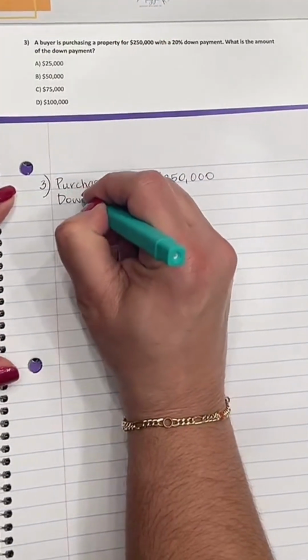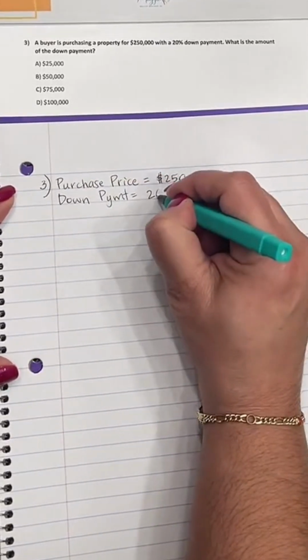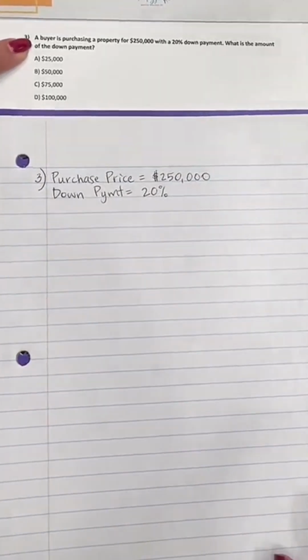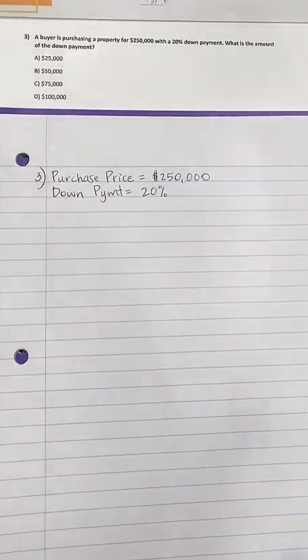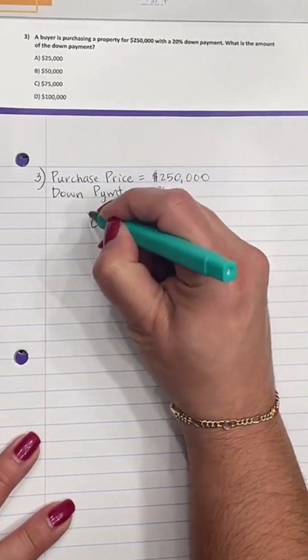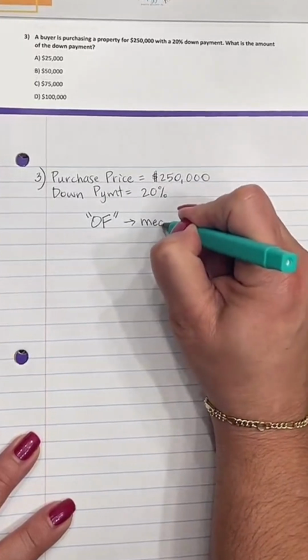So down payment, 20%. Okay, what is the amount of the down payment? Okay, so let's think about this before we continue. So when you're saying percents and the word of, that means to multiply.